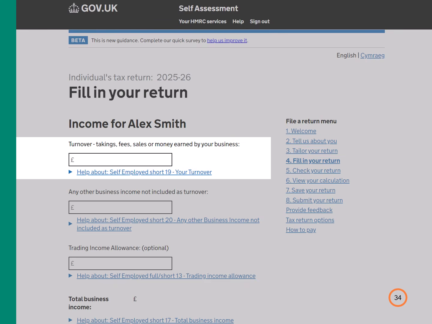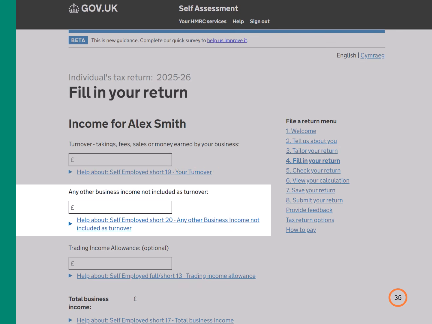The first box on this next page is for the turnover of your business in the period up to your accounting date. If you're using traditional accounting, this may include money that's due to you, but not yet paid. Enter any other business income that doesn't form part of your turnover here.